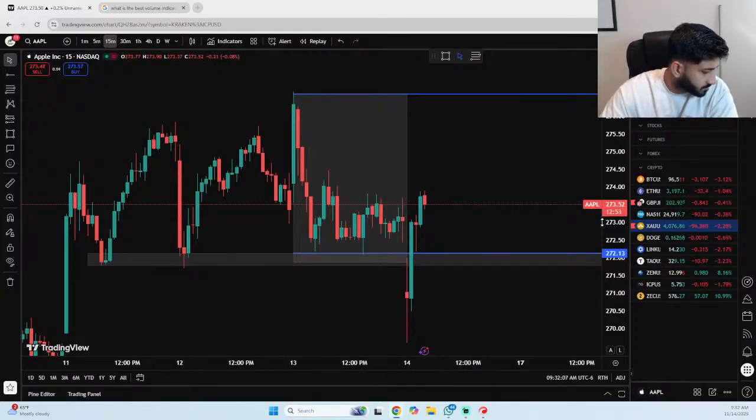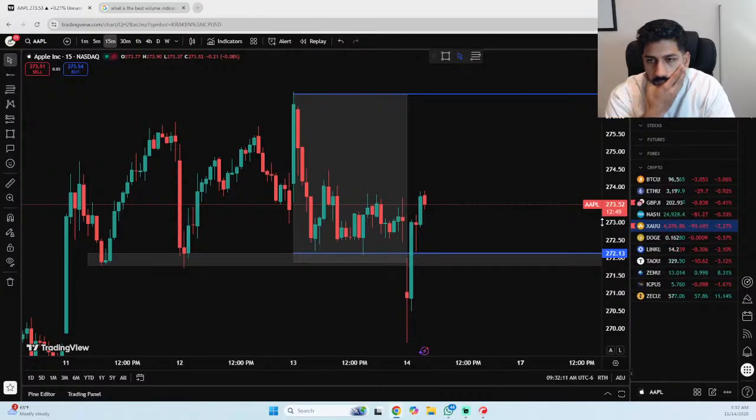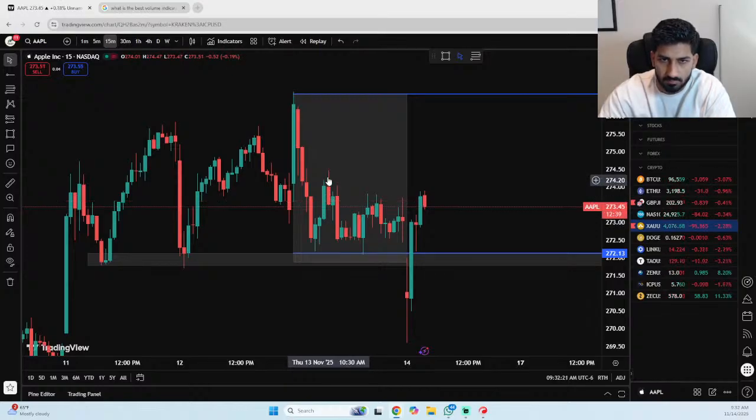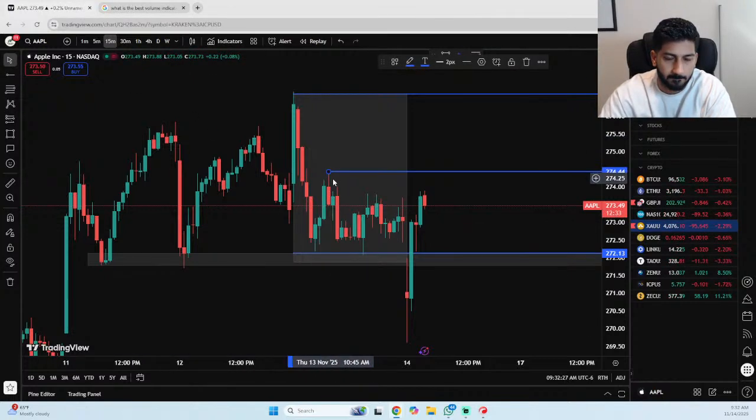So around the 10:30 candle, at 274.20, this candle here, I'll mark that as a high, resistance.